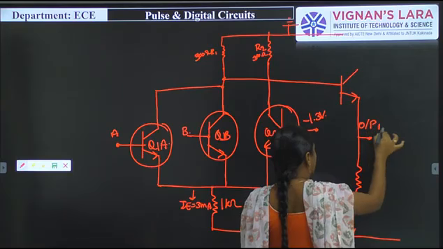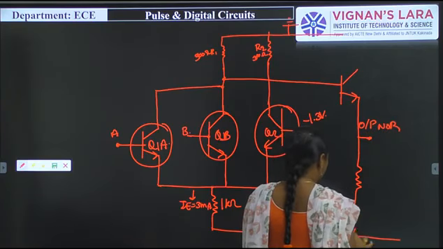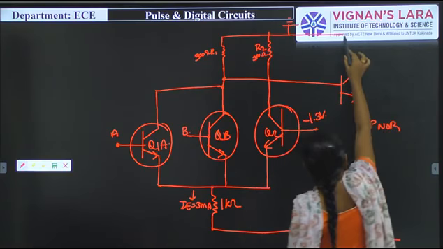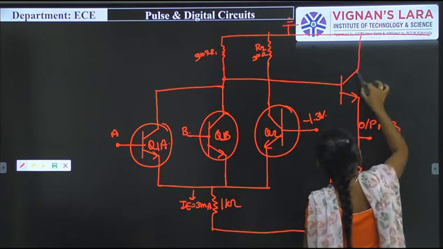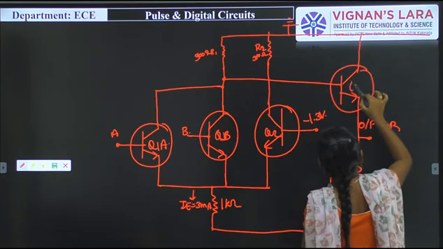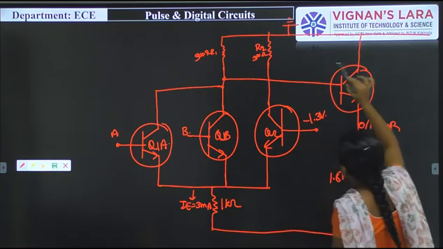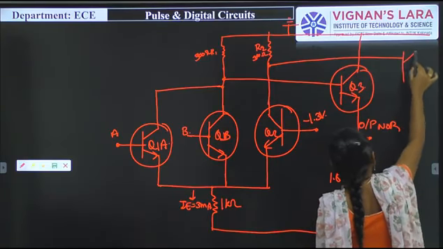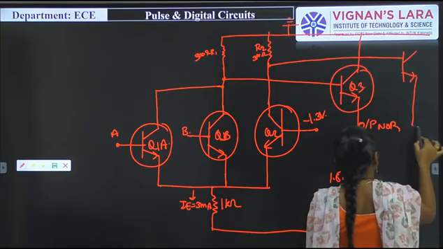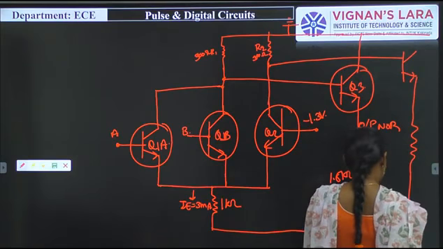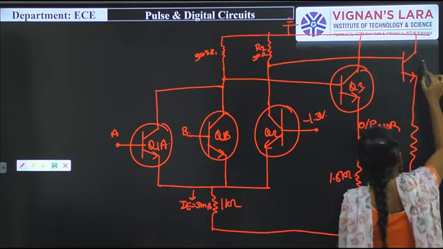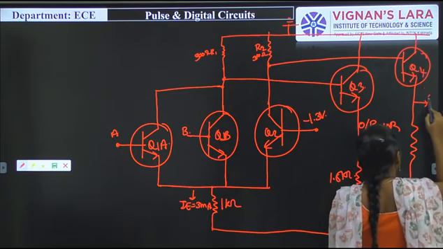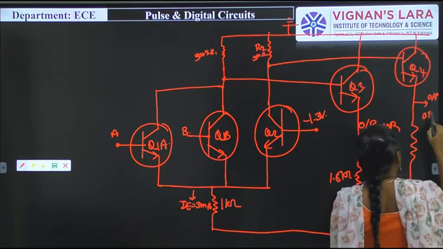This output is the NOR output, and this will be a 1.5 kilo ohm resistor. This will be Q3, and its output will be connected to this, and this one will be Q4, which is the output of the OR gate.